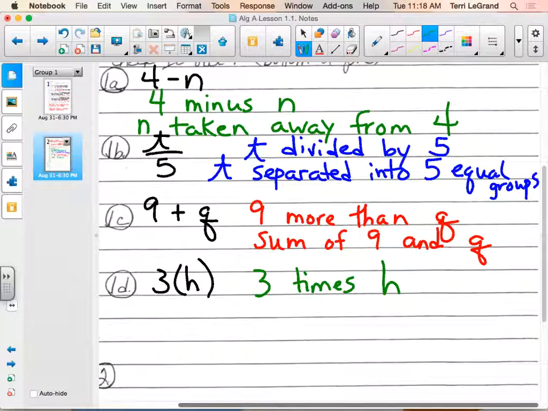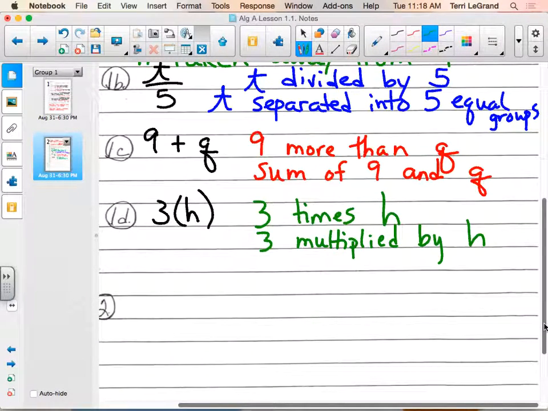Abby? Yeah, 3 multiplied by h works. 3 multiplied by h. We're writing words, you don't get to shortcut it and write the mathematical symbols. No, we're using word phrases, okay? So 3 times h, 3 multiplied by h.